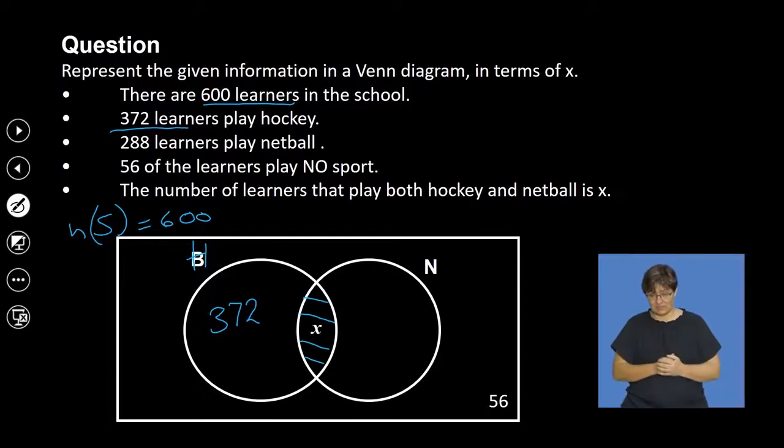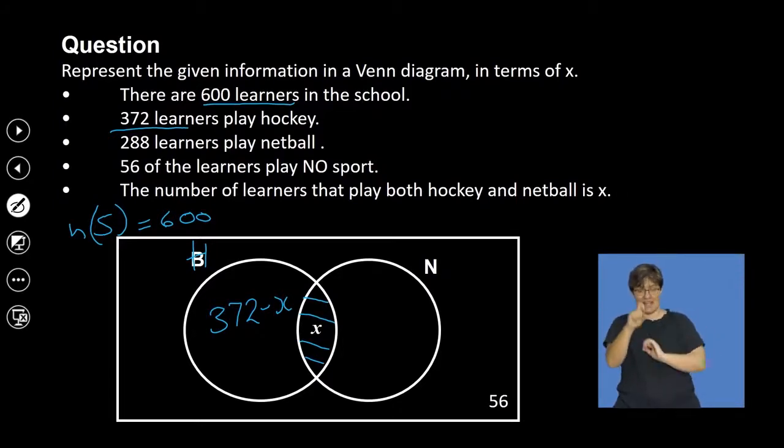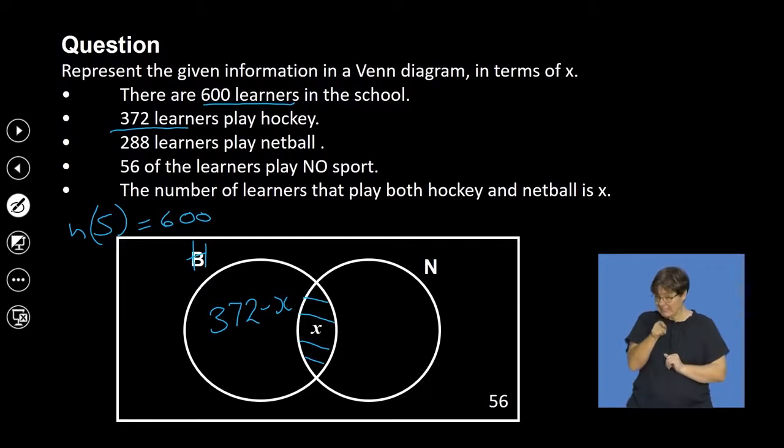So I must subtract from this part the X. So it's 372 minus X. They are the people that only play hockey. They don't play hockey and netball. So in the same way, I can put the 288 over here, but I can't say that's all of the 288.